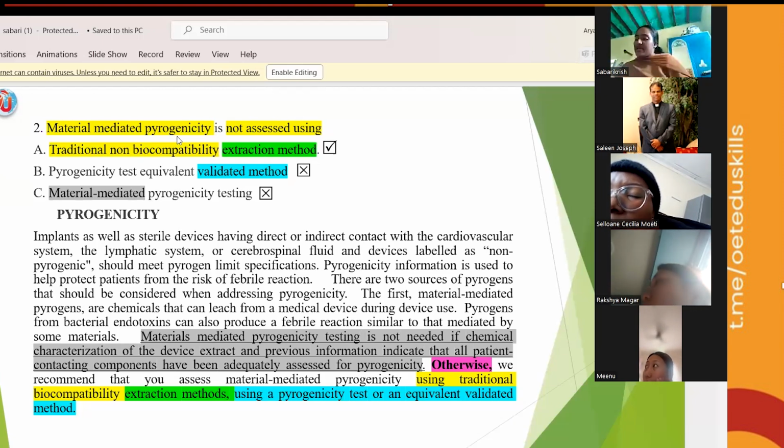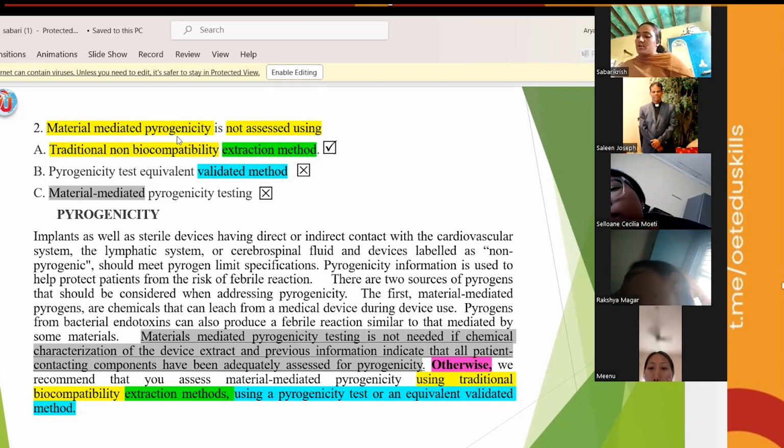Here the question asks: material mediated pyrogenicity is not assessed using. Below, three options are given, and one of these options is not used. This test or method will not be used: traditional non-biocompatibility, validated method, then material mediated pyrogenicity.